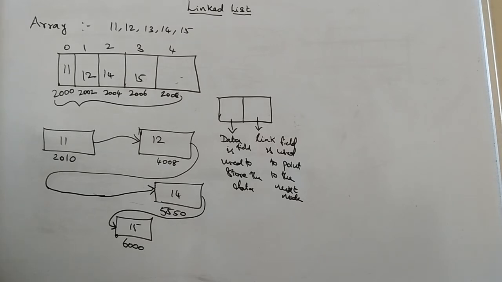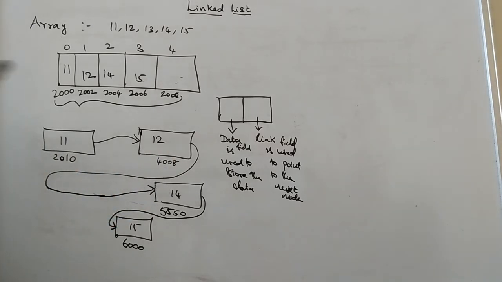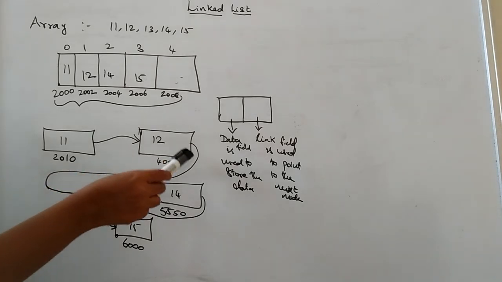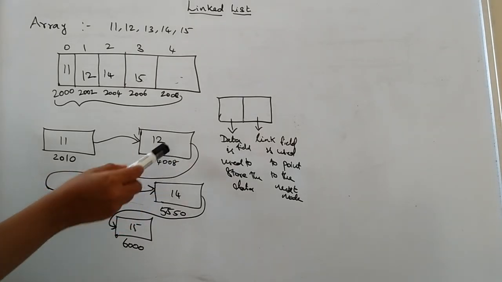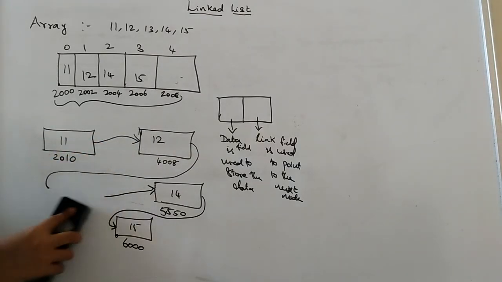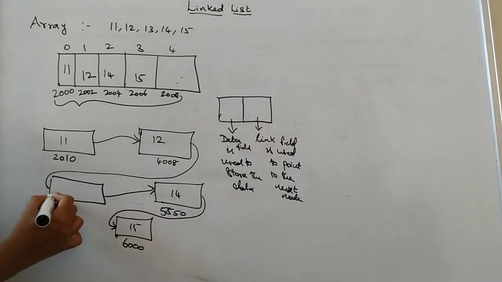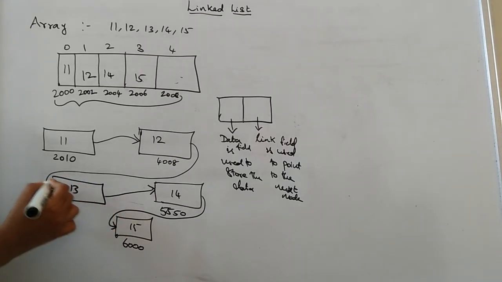Okay. In case I wish to insert one new node between the node 12 and 14, I must create one node and insert it in between 12 and 14, and simply I can change this pointer alone. For example, I can write one node here and simply link it here.